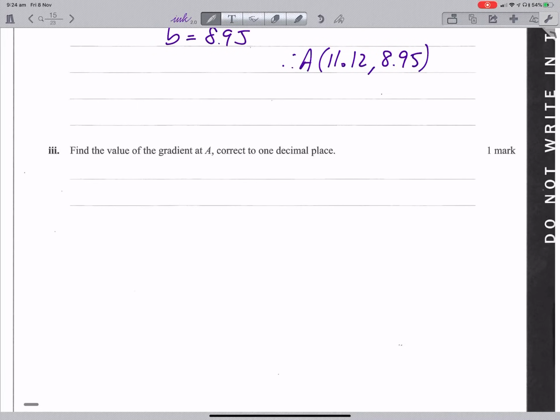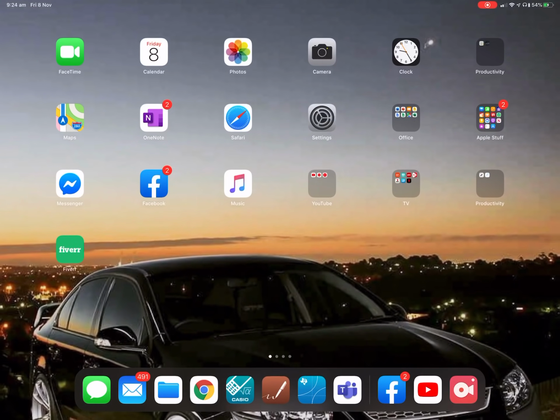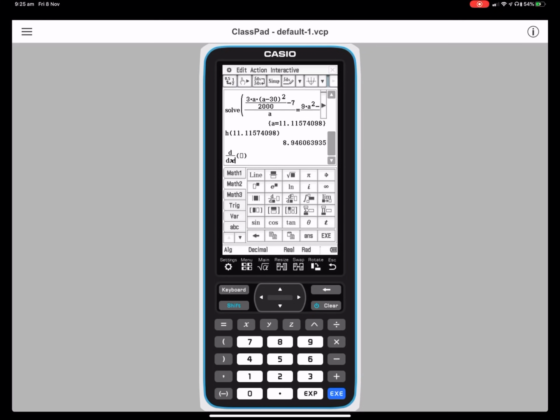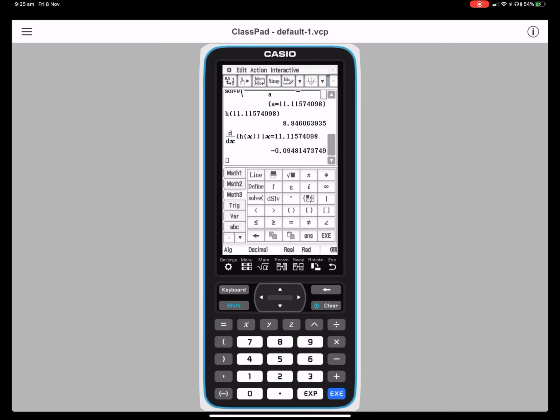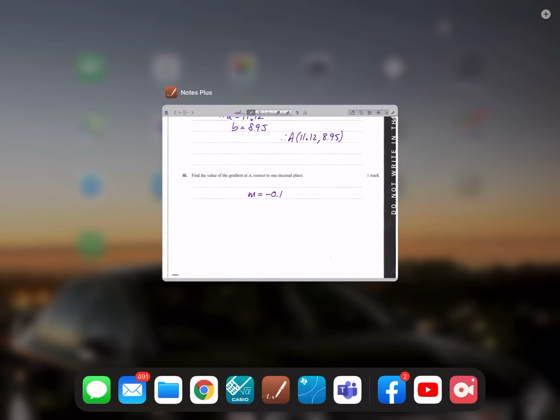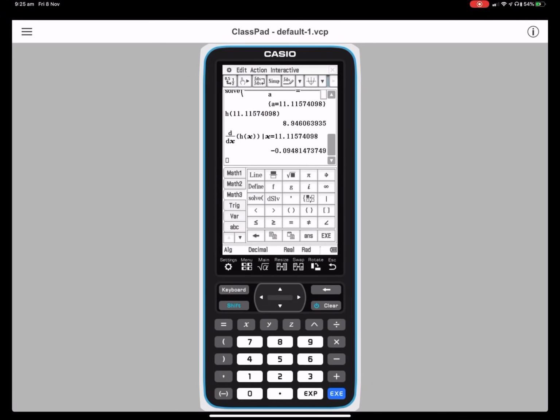Find the value of the gradient at A. So we want to find h dash of A. So d dx of h of x given x equals that value, negative 0.0948. m is equal to negative 0.1, because it's to one decimal place, so once you round it, that's what you get.